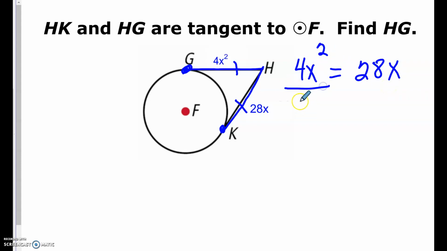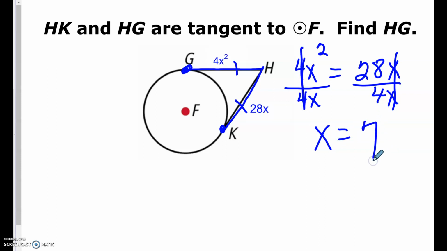So if I divide this by 4x and this by 4x, one of these x's cancels out, so you're still left with one x, and the 4's cancel out, and 28 divided by 4 is 7.